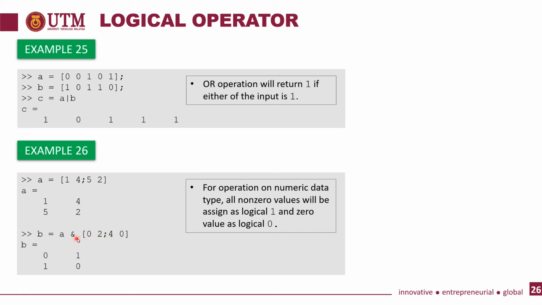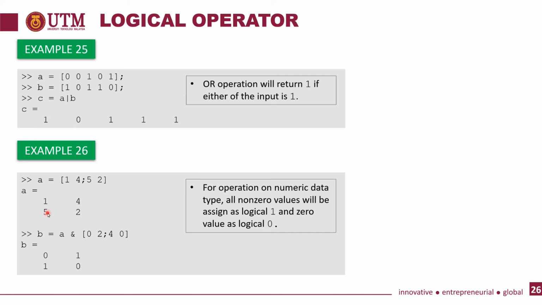First we are using the AND operator. Right now 1 and 0 will become 0. The second one is 4, which becomes 1 in logical, because it is a number not equal to 0. So 1 compared with 2: 2 converted into logical will also become 1, so 1 and 1 will become 1.